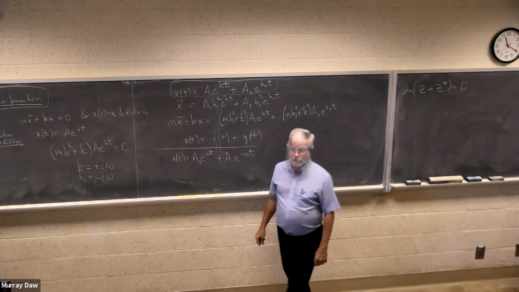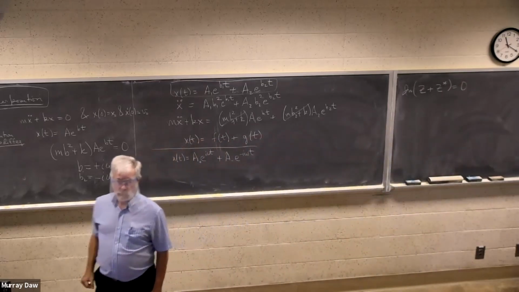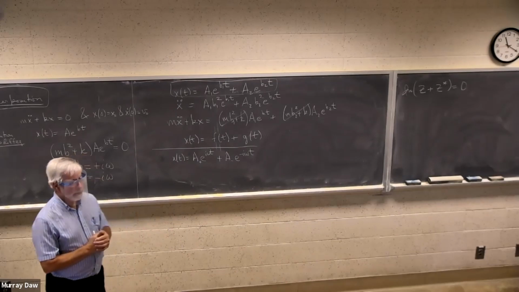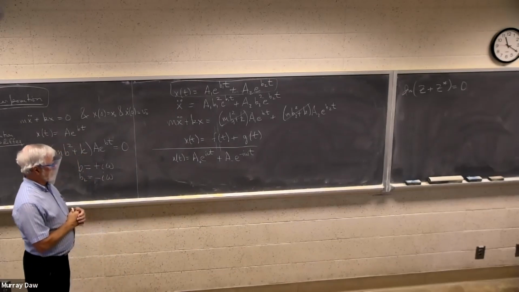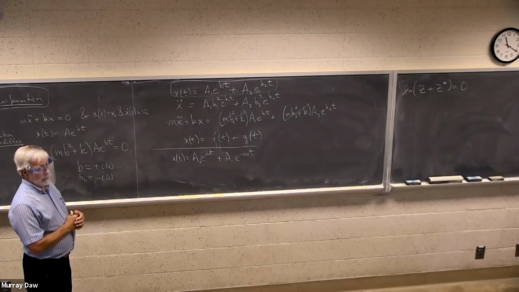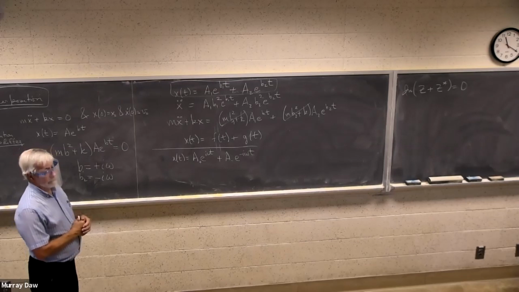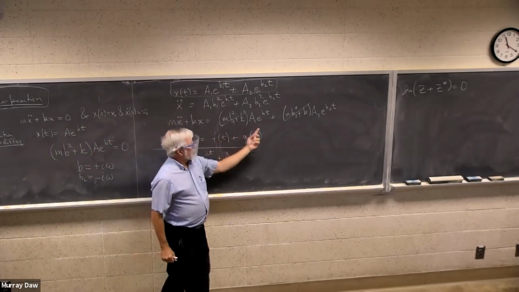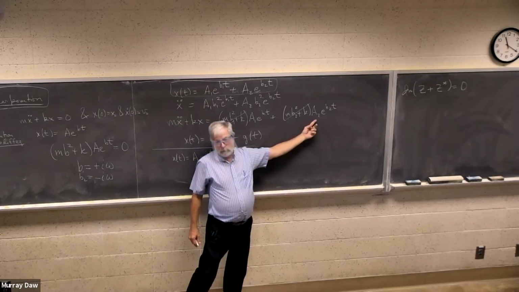Is that clear? How that works? So A minus and A plus, that's just signifying the positive and negative parts. And this demonstration here does not depend on anything about A1 and A2. They have not yet been determined.